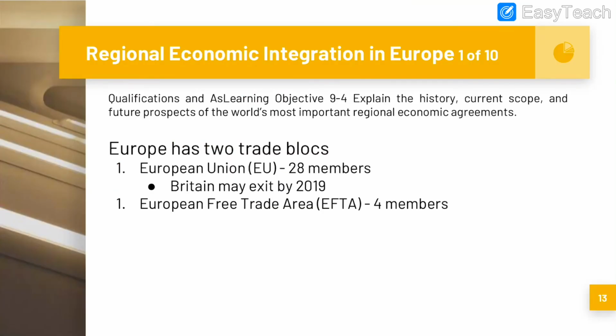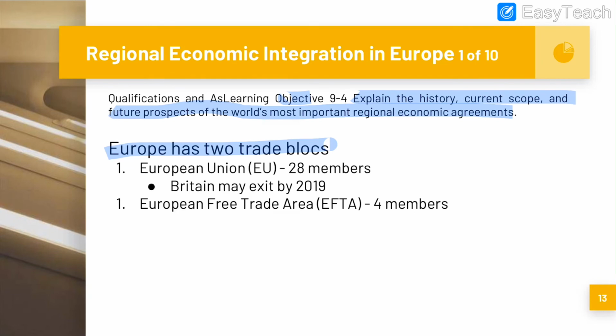Next we move to objective 4: explain the history, current scope and future prospects of the world's most important regional economic agreements. In Europe they have two trade blocs. What is a trade bloc? A trade bloc is a group of countries that form a trade agreement between themselves.